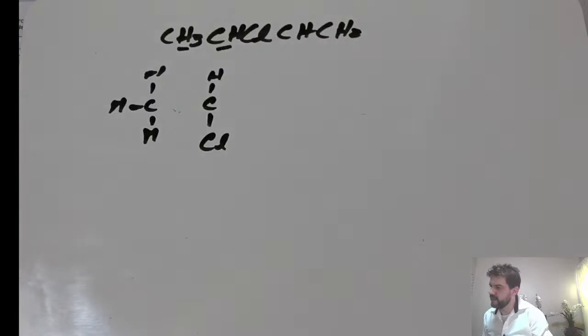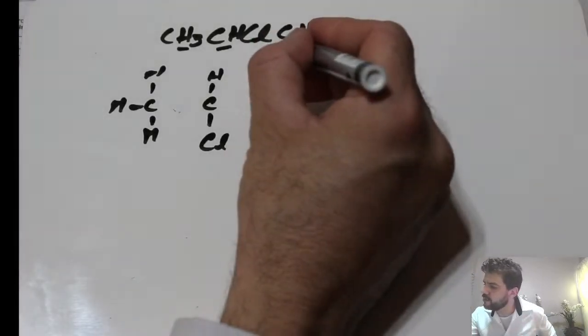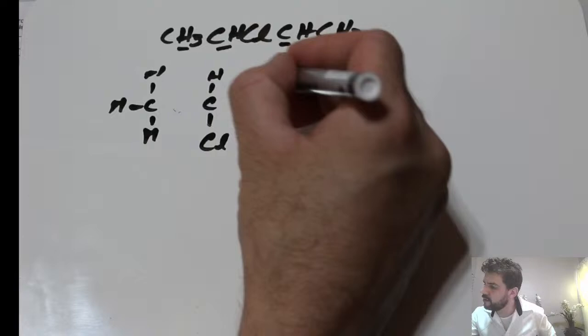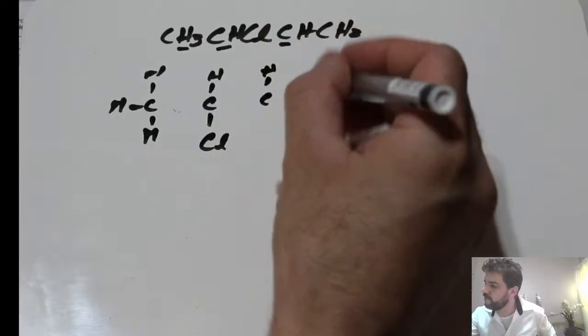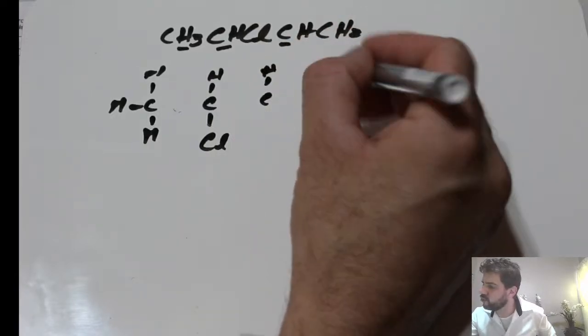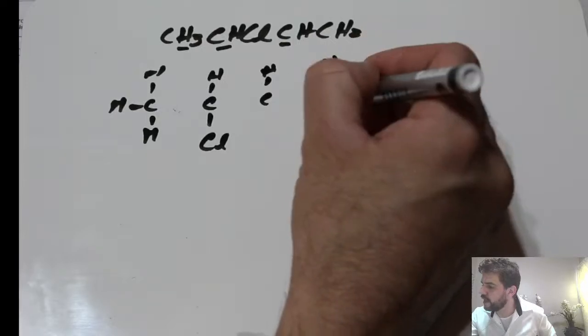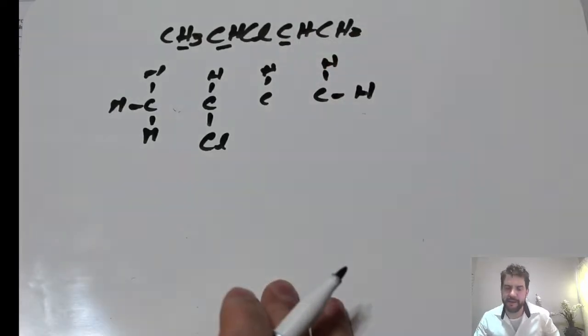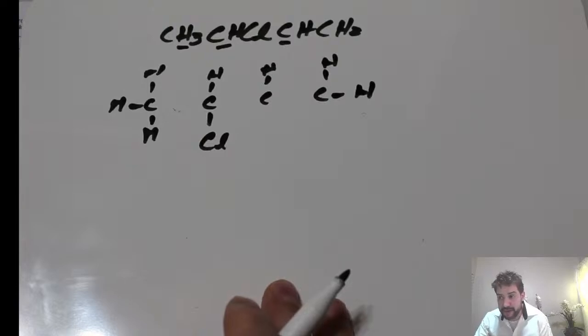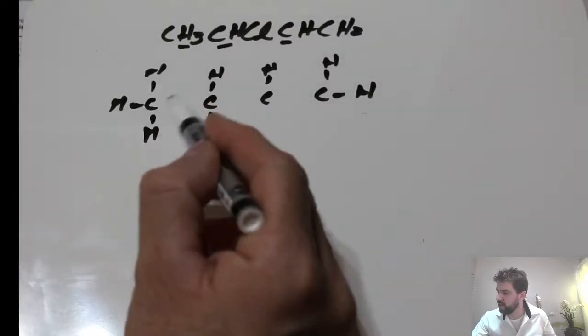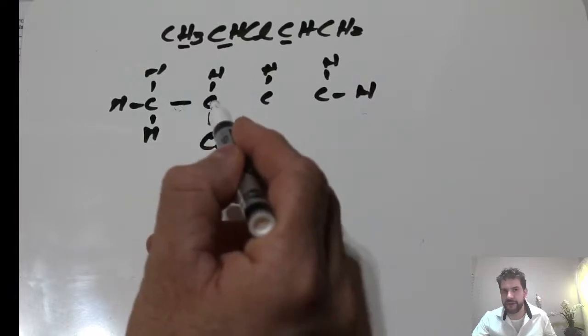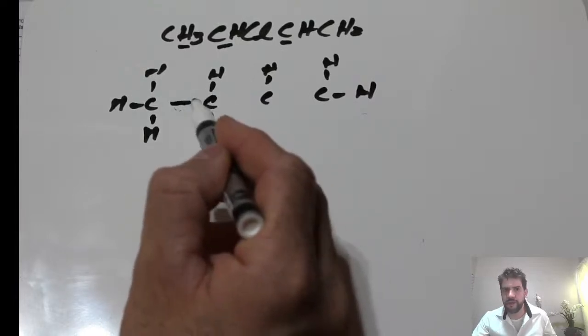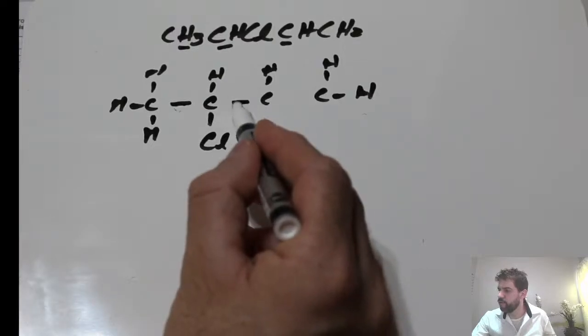So now the next carbon is this one. This one is connected to 1 hydrogen. And then we have another carbon with 2 hydrogens. 1 hydrogen there, and I'm going to draw the other one in here. Now I am going to combine the carbons. Remember, there are 4 bonds, so you make sure you combine the carbons to complete the 4 bonds. We have 1, 2, 3, and 4 when you combine this carbon here. We have 1, 2, 3, and then we need a bond here.